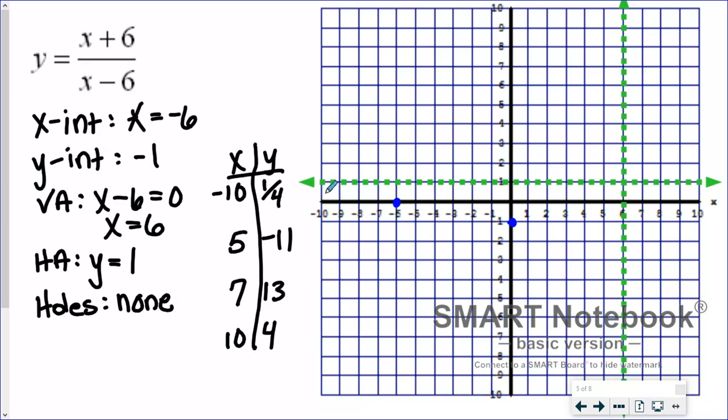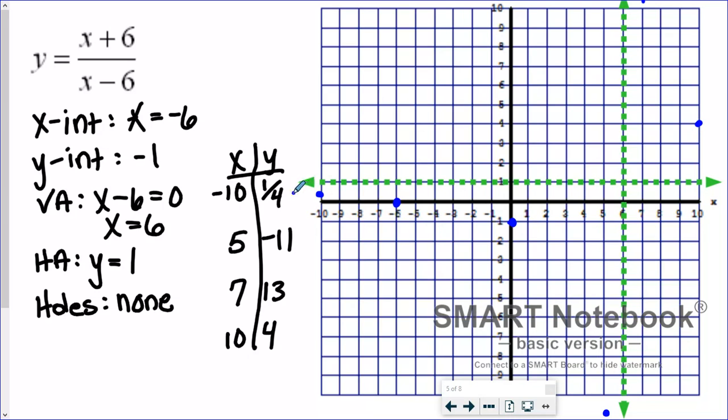We have the point -10, 1/4, 5, -11. So that would be down here somewhere. We have 7, 13, which is way up here somewhere. And we have 10, 4.